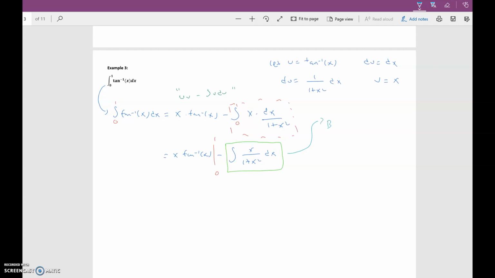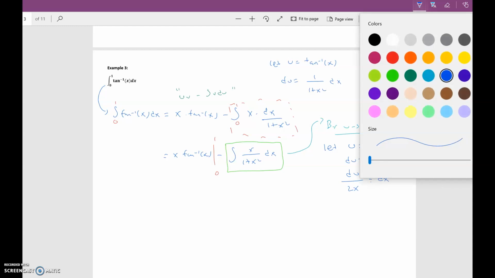So this will be by u substitution. You could simply let u equal to 1 plus x squared. So du is equal to 2x dx, or technically du over 2x is equal to dx. So let's see if this is actually going to work.